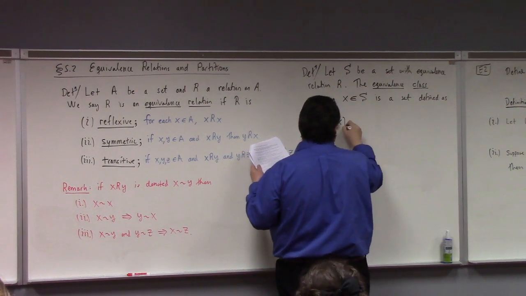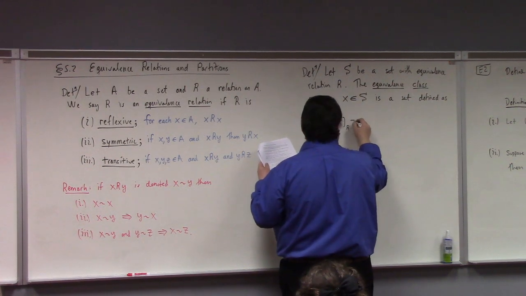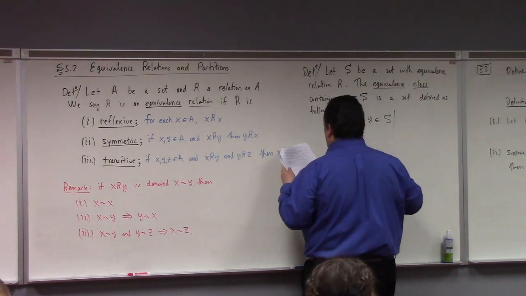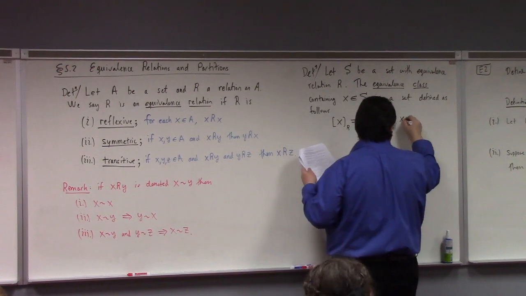Bracket X with a sub R on it, and here it is: it's the set of Y in S such that X is related to Y.